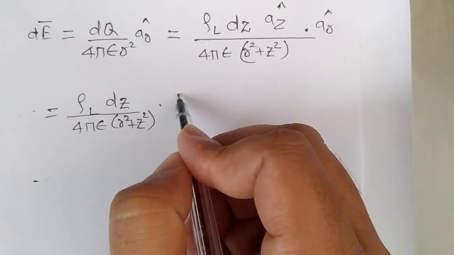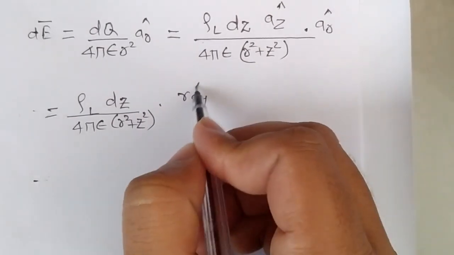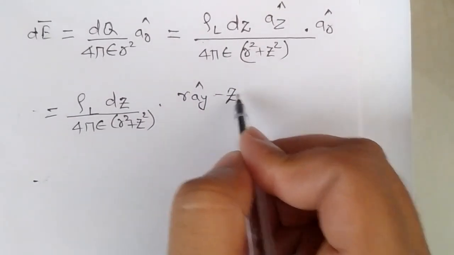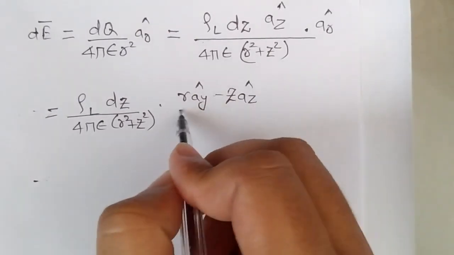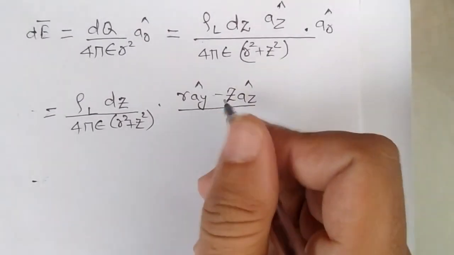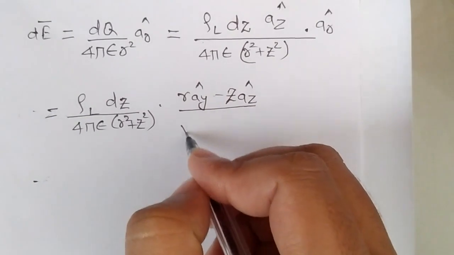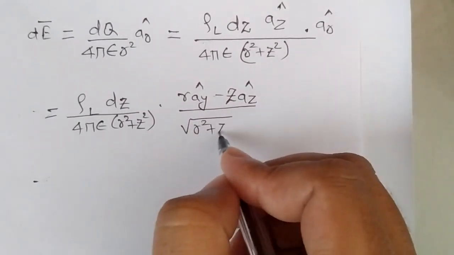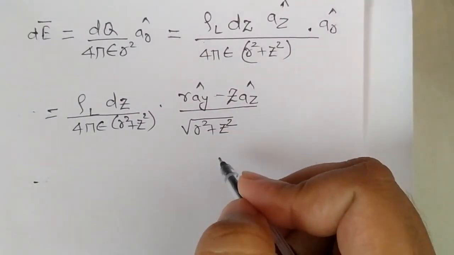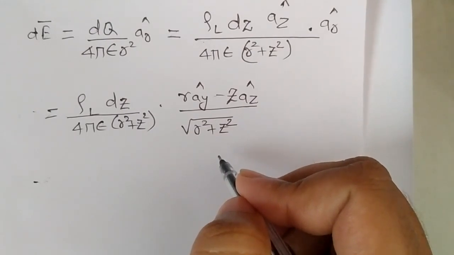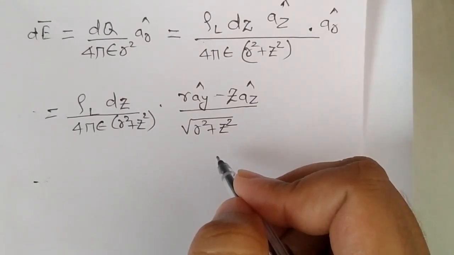The a_r cap value will be r a_y cap minus z a_z cap divided by the square root of r square plus z square.